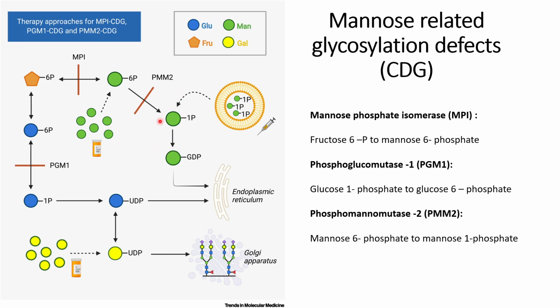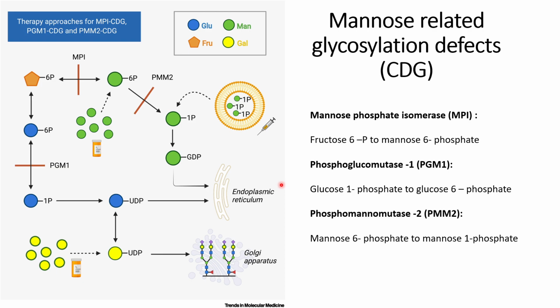One of those therapeutic ideas is to intravenously inject mannose 1 phosphate in a lipidic or dissolvable layer, so that cells will not face the scarcity of GDP mannose, which finally goes into the endoplasmic reticulum for glycosylation, or we can say for the initiation of asparagine-linked glycosylation.